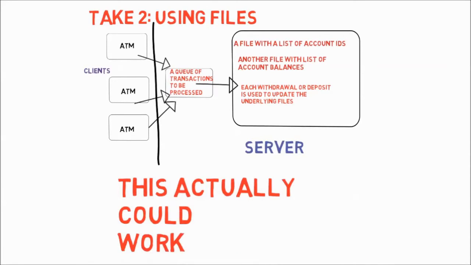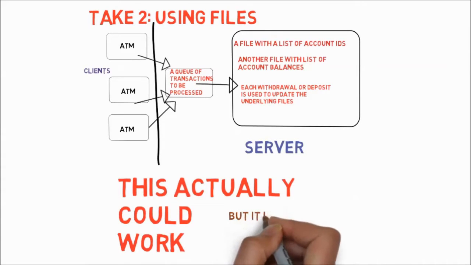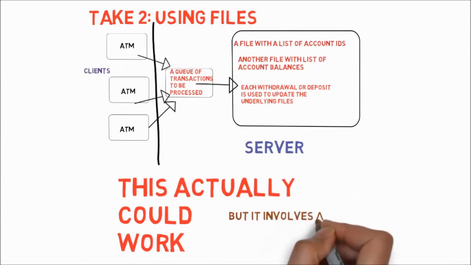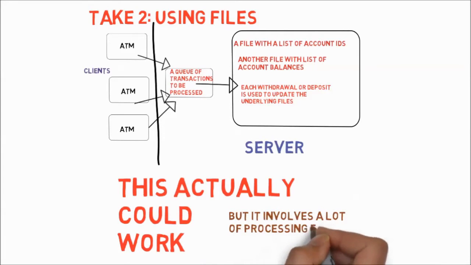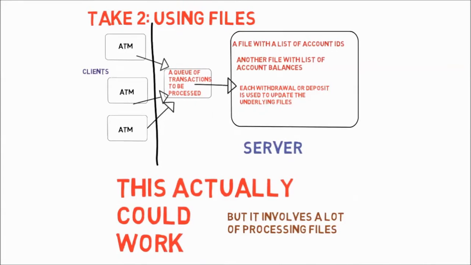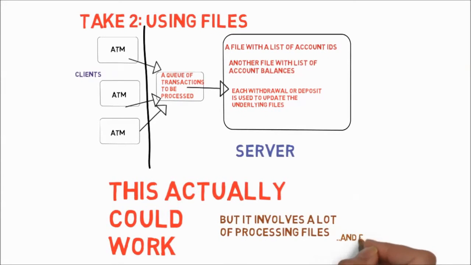This looks like a workable idea because you could maintain this queue of transactions and persistently store the withdrawal or deposit details in the file. But it involves processing a lot of files, and file processing is notoriously prone to errors.